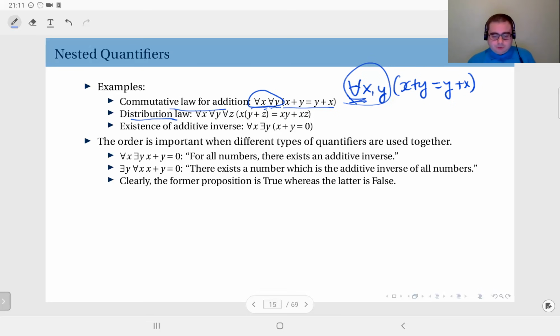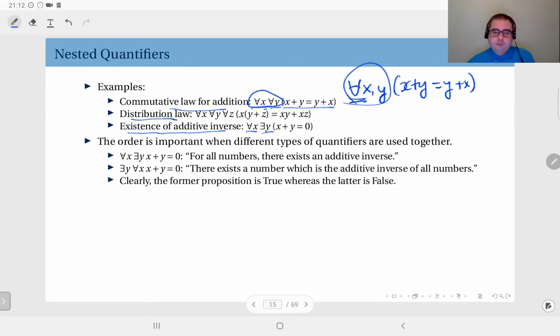Another example in which you have different types of quantifiers now is the existence of additive inverse. Additive inverse, if you remember, is for a number, the number for which the sum makes zero. For instance, the additive inverse of 5 is -5. The additive inverse of -4 is 4. So the statement here is for all x, there exists a y.